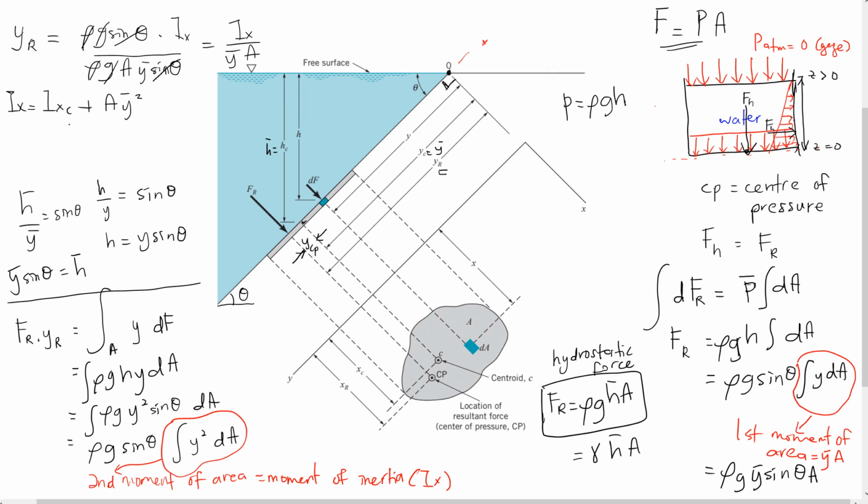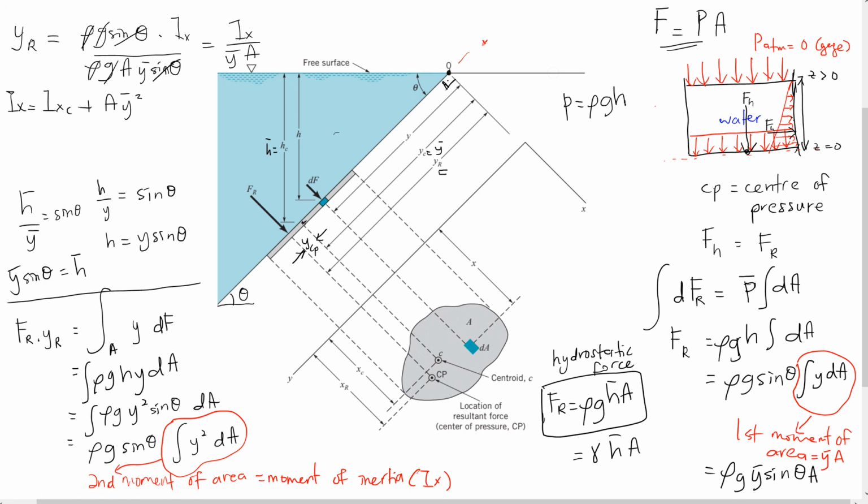Basically, Ixc is taken because we are taking the axis that passes through the centroid and parallel to the x-axis.